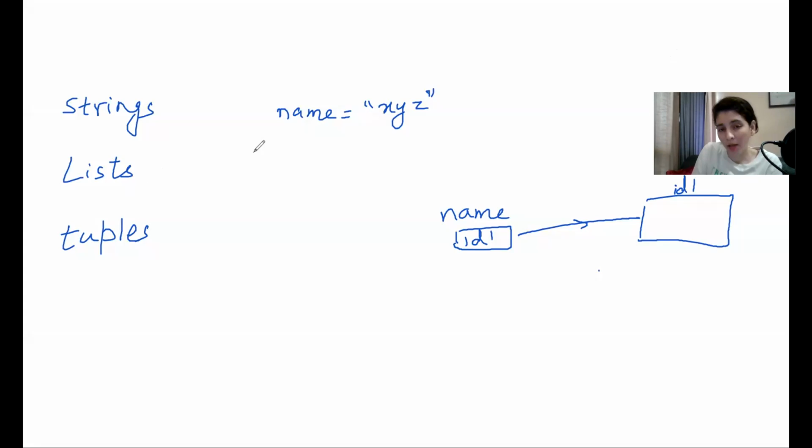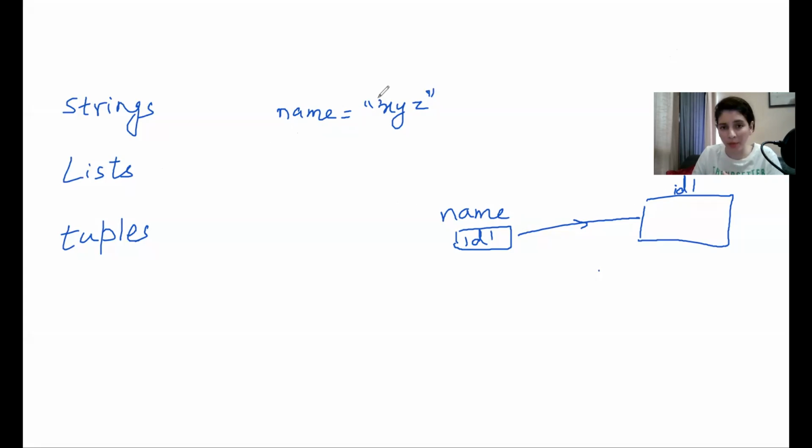We've learned about strings, lists, and tuples. Remember when we learned about the simple data types like numbers, strings, we discussed the concept of immutable and mutable. Let's look at it through a simple diagram. When you declare a variable in Python, this variable name is assigned a memory address and it holds the address of the data.